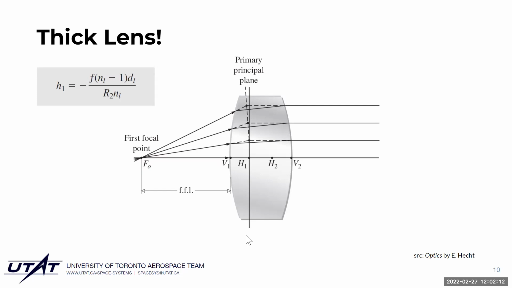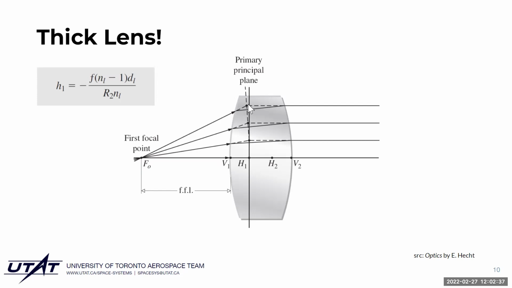Principal planes in an optical system let you basically treat your rays coming into it and your rays coming out of it with a reference point for a simplified system than what you actually have. Okay, let me actually explain.